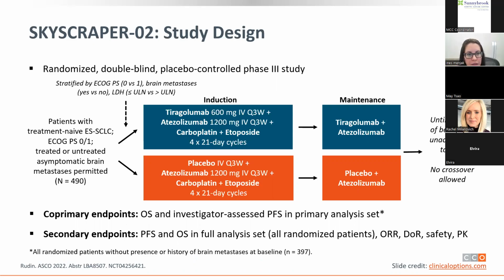So they randomized patients to receive the standard of care with tiragolumab versus standard of care with placebo. And then they went on to have maintenance after 4 cycles with tiragolumab plus atezo or with placebo plus atezo. And they continued that until progression or toxicity.